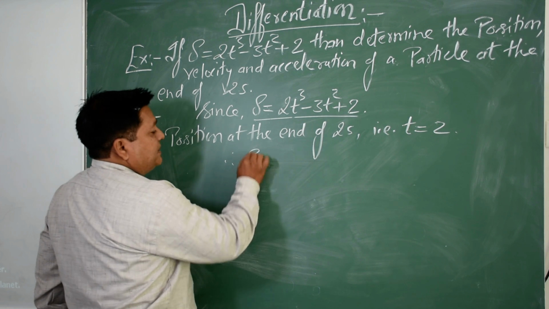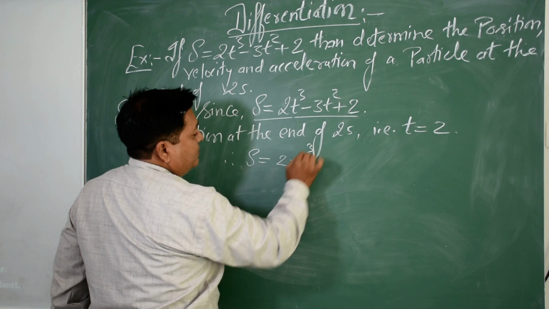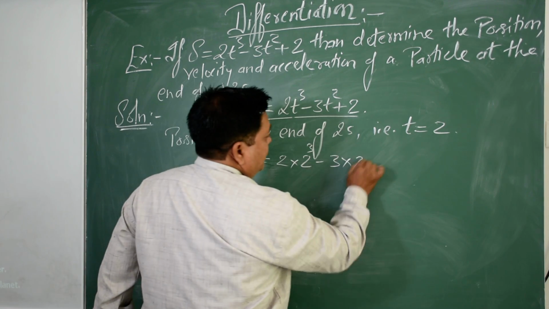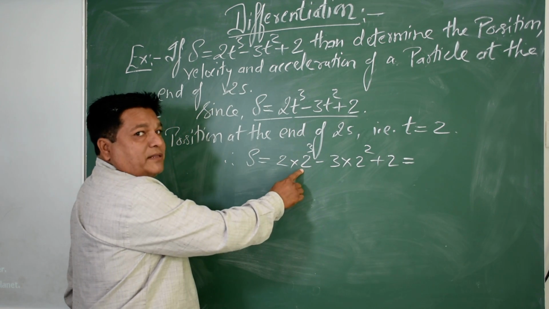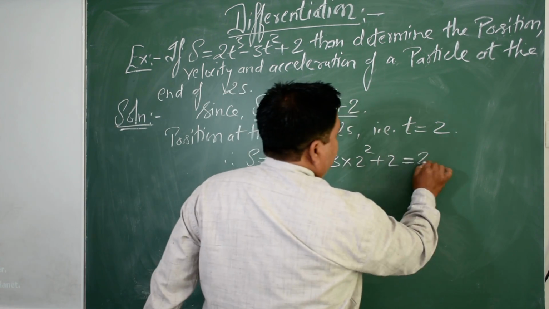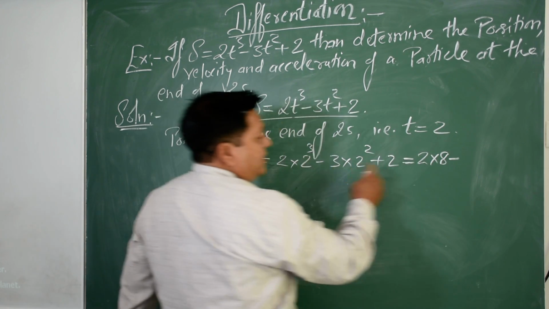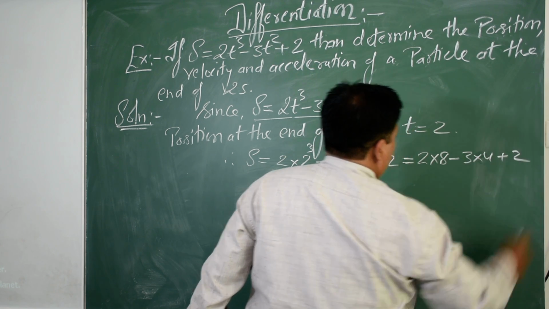So displacement will become 2 into 2 to the power 3 minus 3 into 2 square plus 2. 2 to the power 3 means 8, so we write 2 into 8 minus 3 into 4 plus 2.